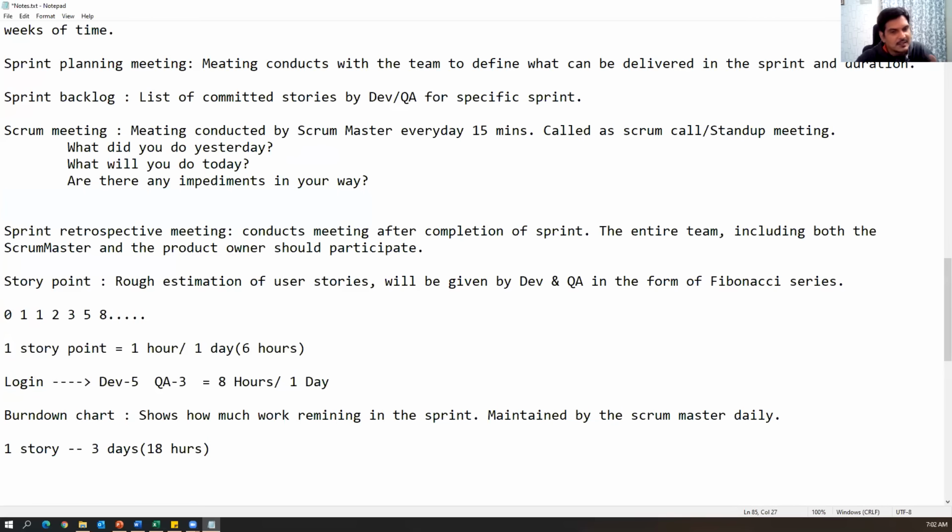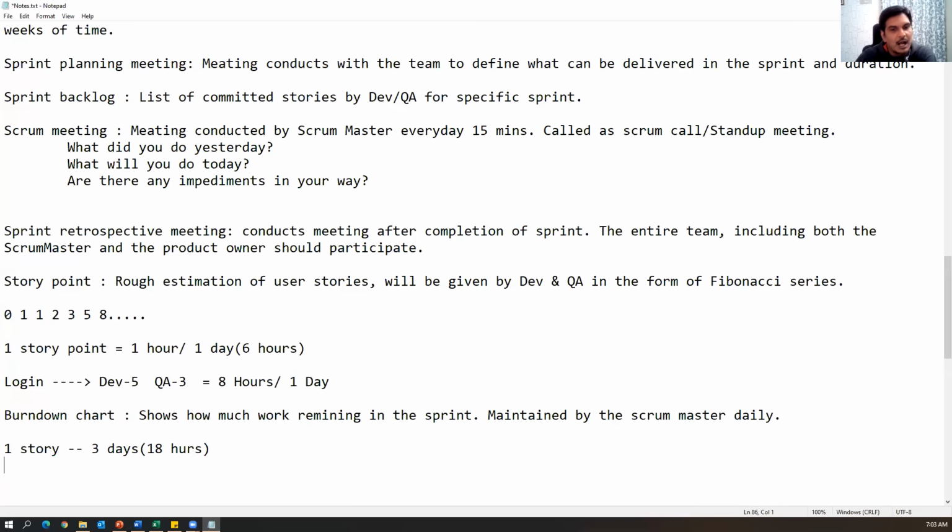This is the estimation I gave initially at the time of the sprint meeting. But once I started working on the feature, it took more than 3 days, right? Then automatically the sprint cycle is affected, and the Scrum Master will ask why you took so many days, why you took extra hours to complete this particular story. Then we have to give a proper reason to justify that.